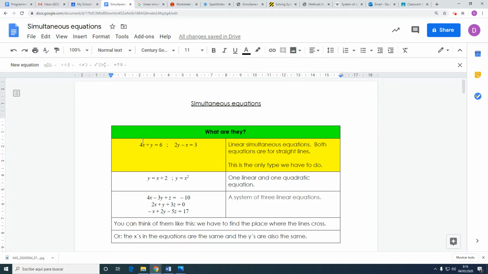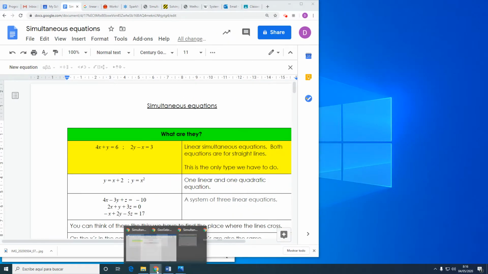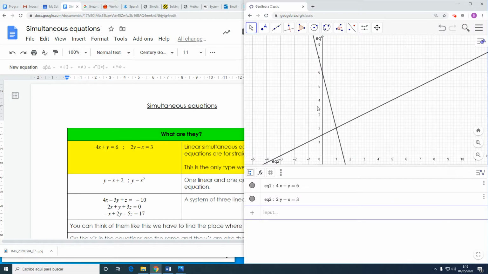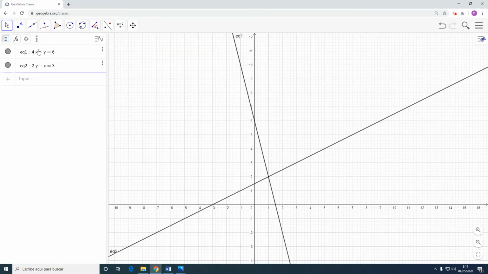So we can think of it like having two algebraic equations with two variables that we have to solve. Or we can think about it like this, using GeoGebra. Those are my two equations. Equation 1 produces a line going down, and equation 2 produces this line going up.